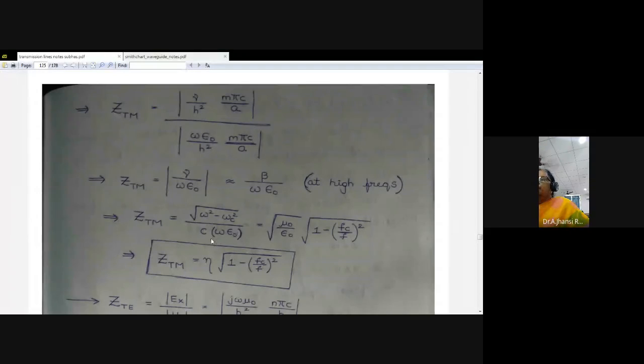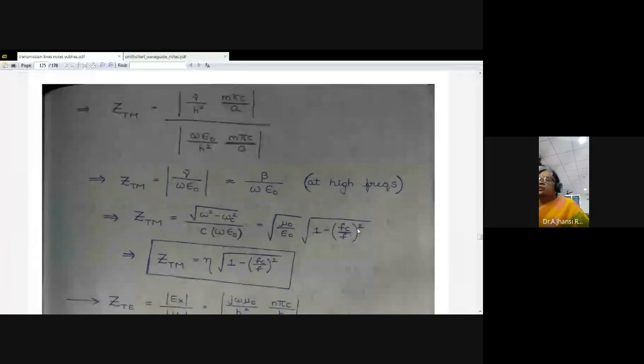If you simplify, because it is epsilon naught, the epsilon naught will get cancelled. You will get square root of mu naught by epsilon naught. Taking omega inside the square root, it is omega square divided by omega square, 1 minus omega c square by omega square. Then it is 1 minus (fc by f) whole square.